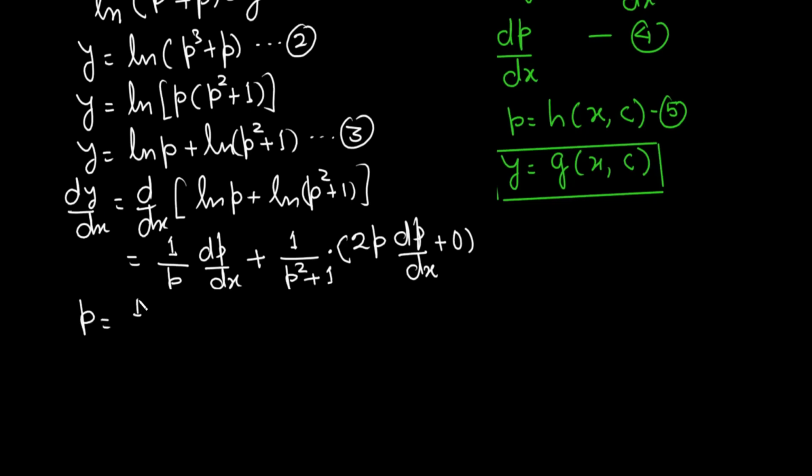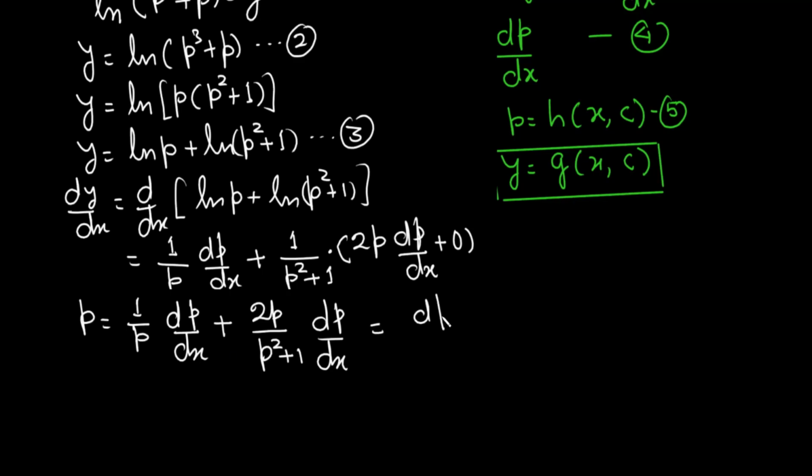So dy by dx, we write it as p. This is equal to 1 over p dp over dx, plus this one is 2p over p square plus 1 dp over dx. The dp over dx factor is common, so we can write it as dp over dx times 1 over p plus 2p over p square plus 1.